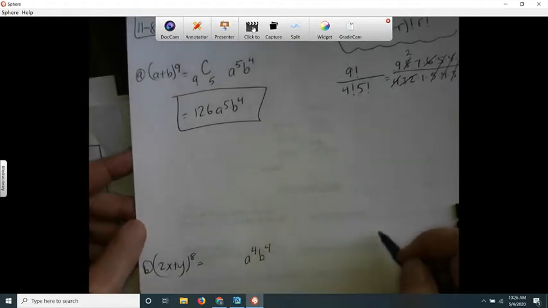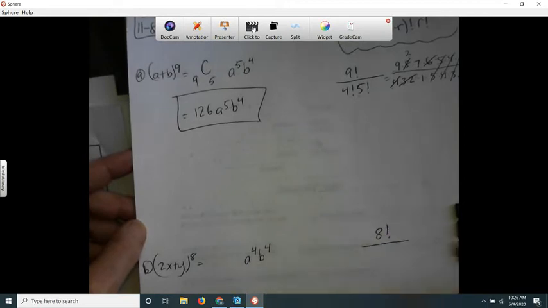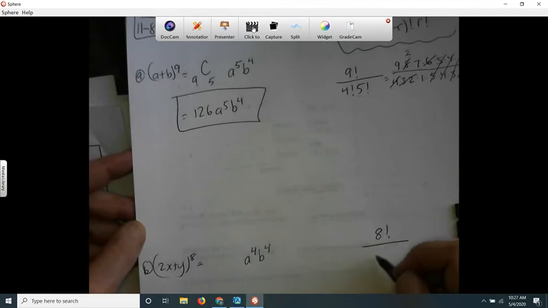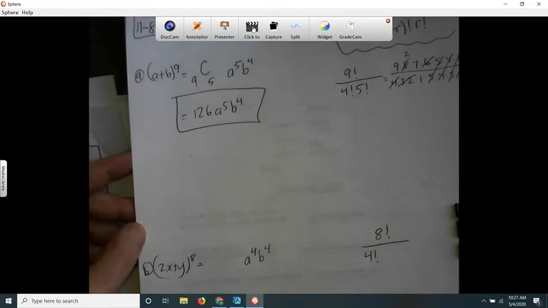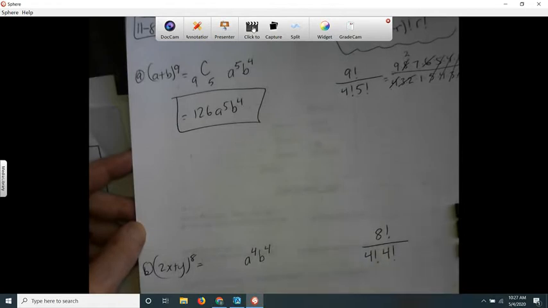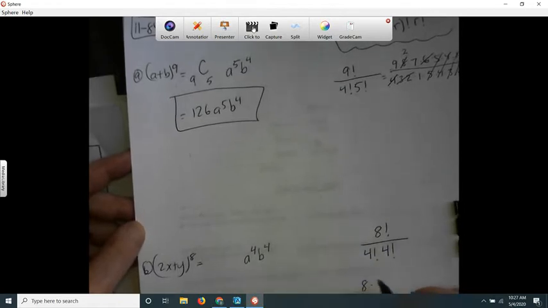So I've got 8 factorial. And then I've got n minus r, so 8 minus 4, that's 4, since I'm looking for where I get 4 A's, taken 4 at a time. That was tricky because they're both 4s. Now I have 8 times 7 times 6 times 5.